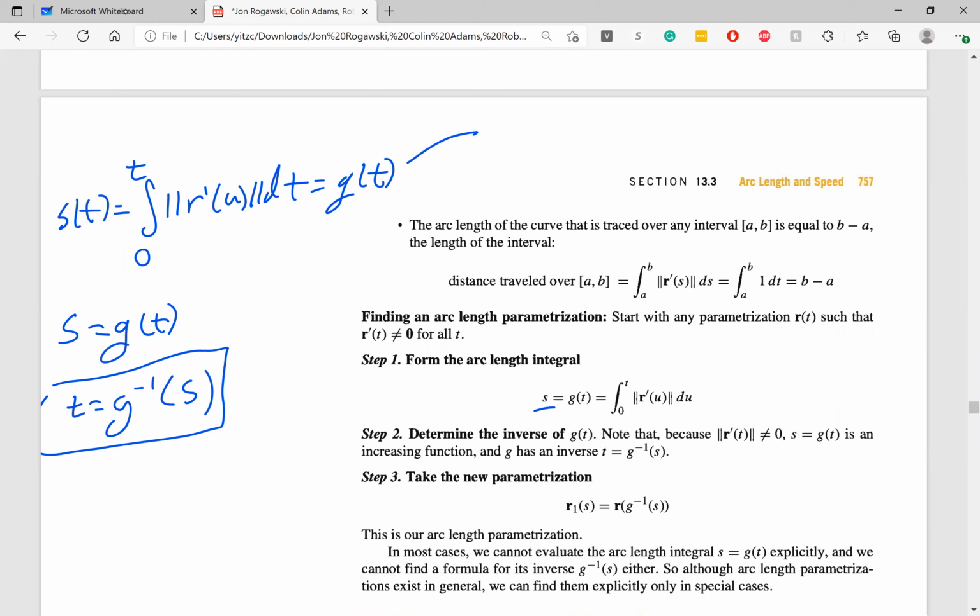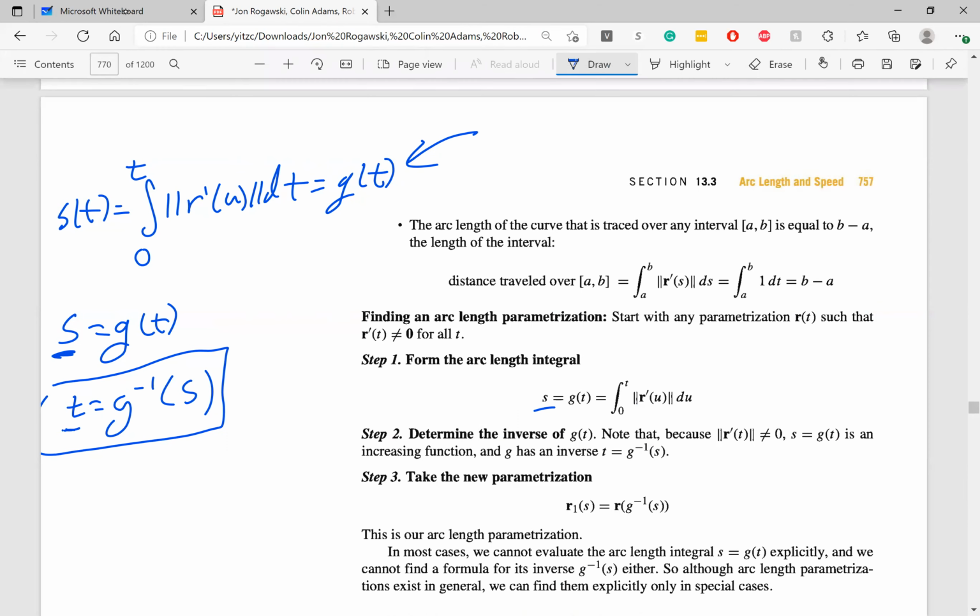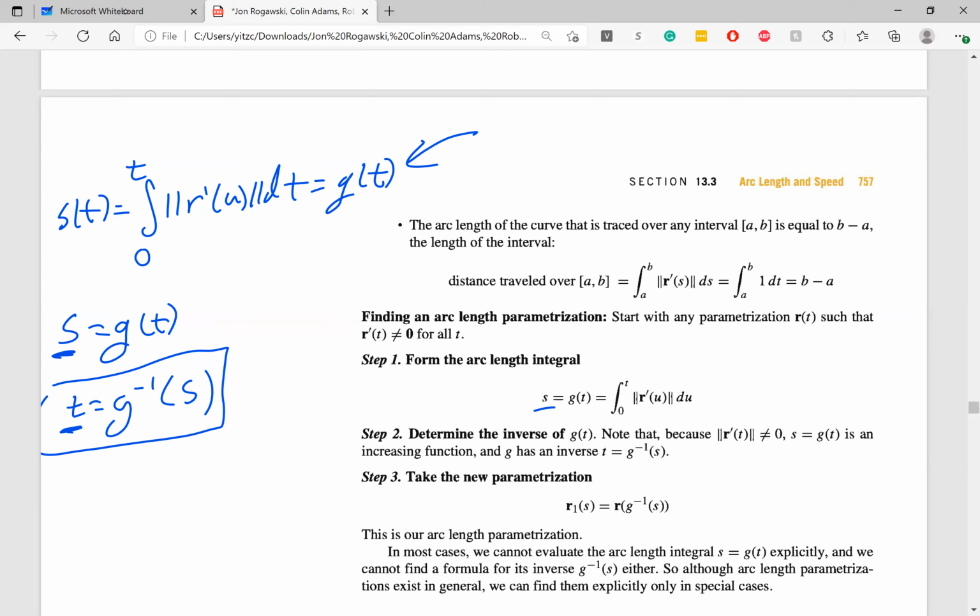So this over here tells you the arc length up until the point t. And then you take that and you say, okay, I want a new parameter s so that my velocity is always 1. So let me set that equal to my g of t, take the inverse, and then that will tell me what function to plug in for t.